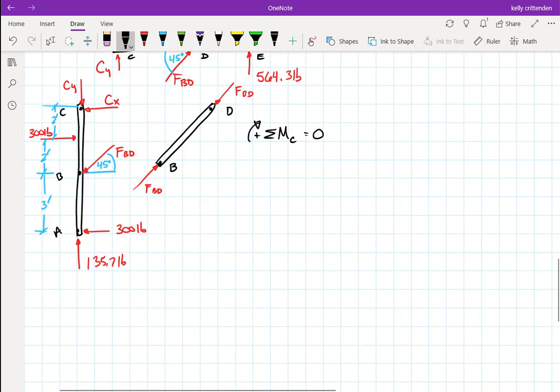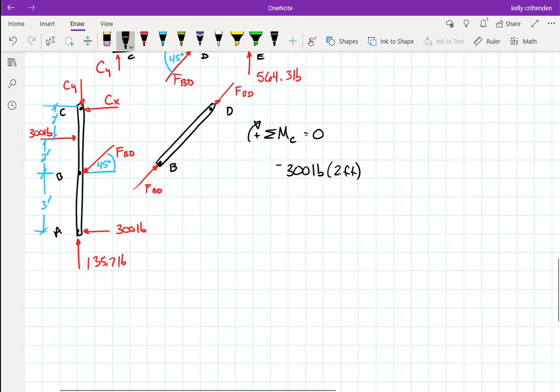So CX and CY, they do not create moments about point C. The 300 pounds creates a counterclockwise moment, so we'll make that negative based on the way I chose as positive, with a 2 foot moment arm. For BD, again, we could try and figure out the perpendicular distance between C and the line of action for BD.